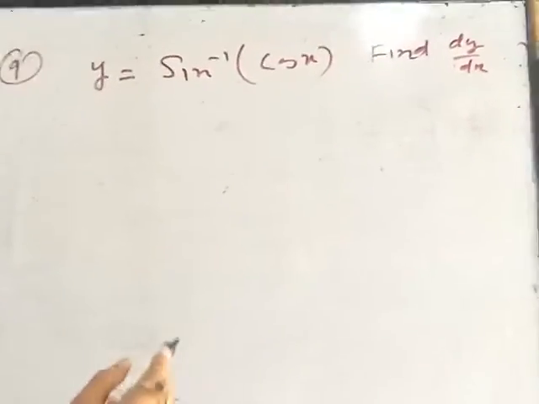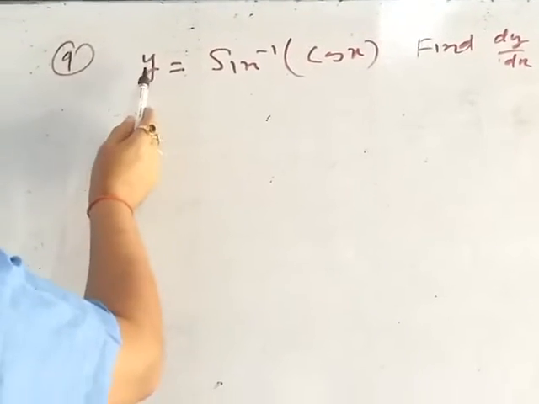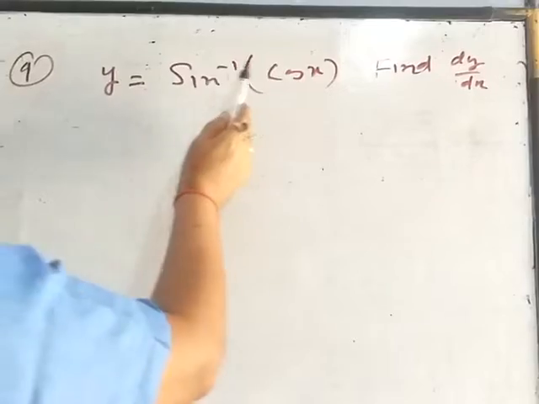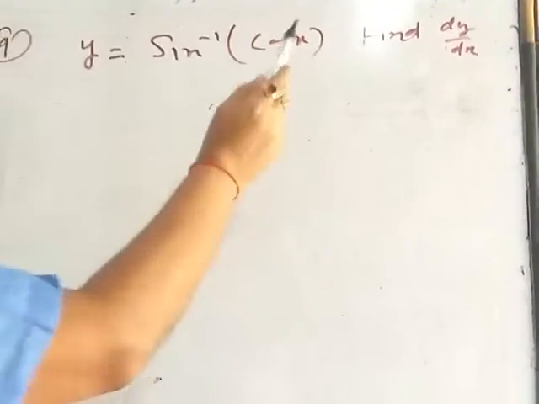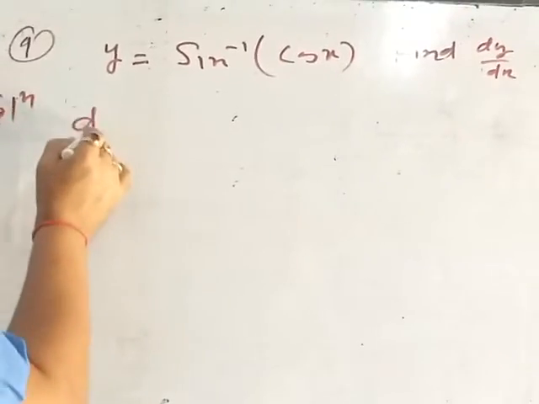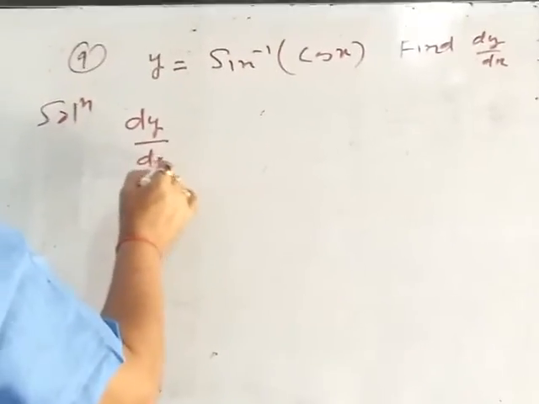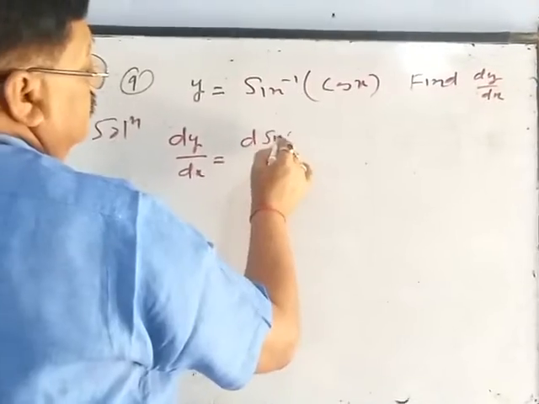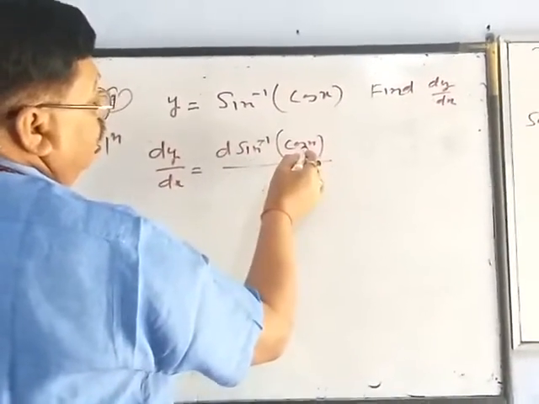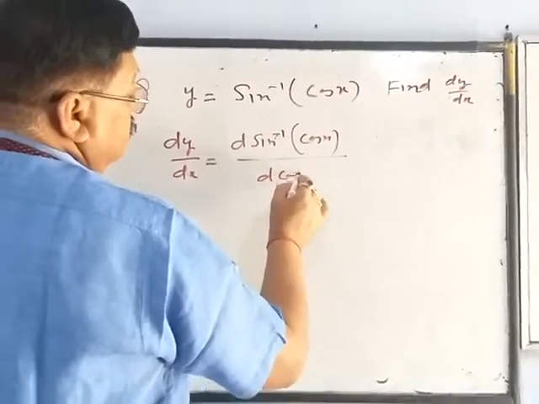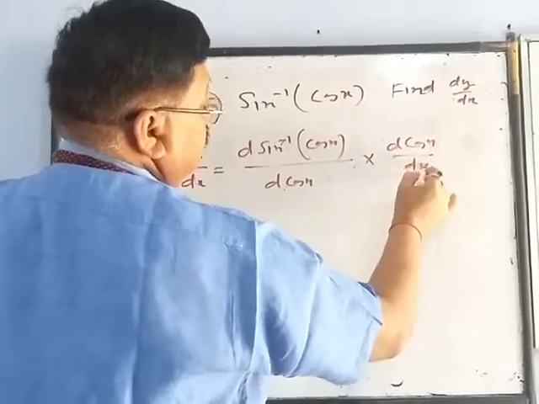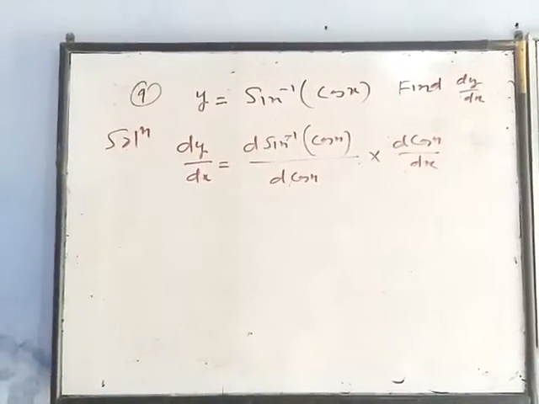Here, students, you see this y depends upon sine inverse, sine inverse depends upon cos x, and cos x depends upon x. So the solution will be dy by dx equals d sine inverse cos x, which depends upon cos x, d cos x, and d cos x by dx. Students, we do it in this way.